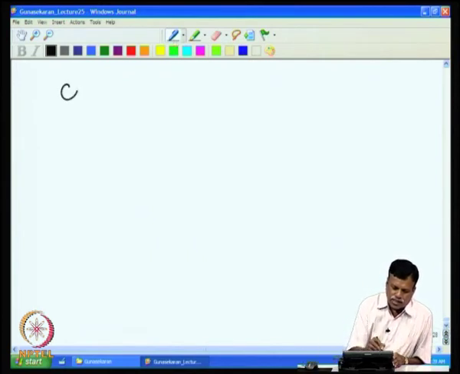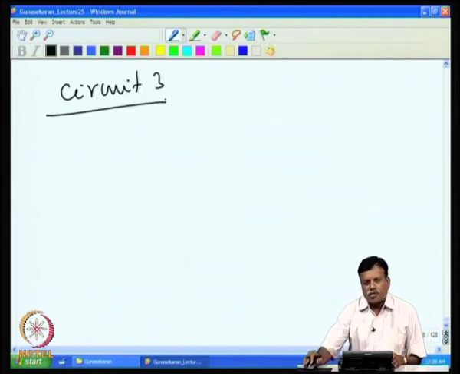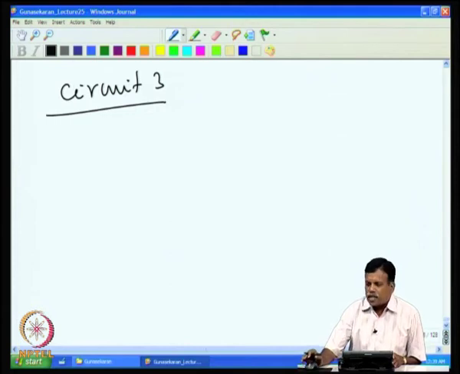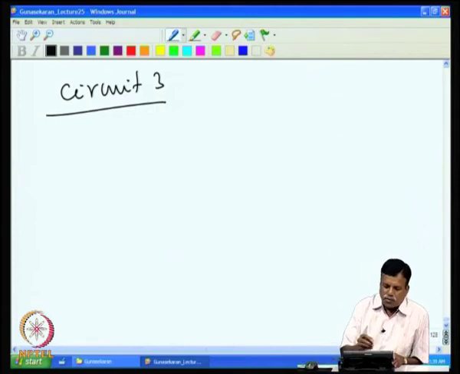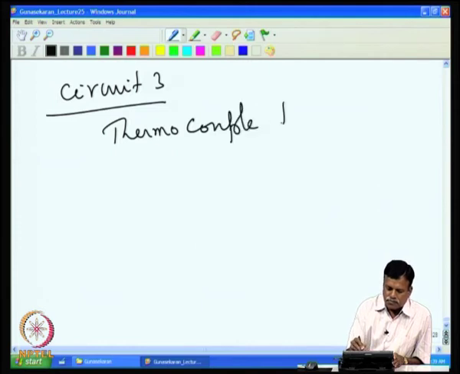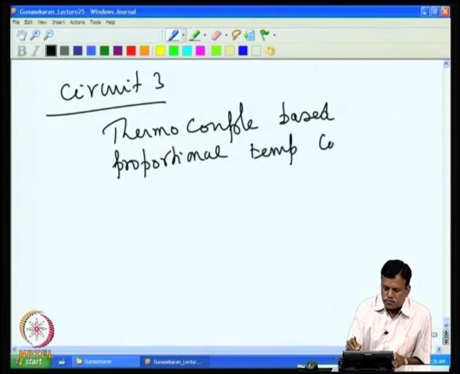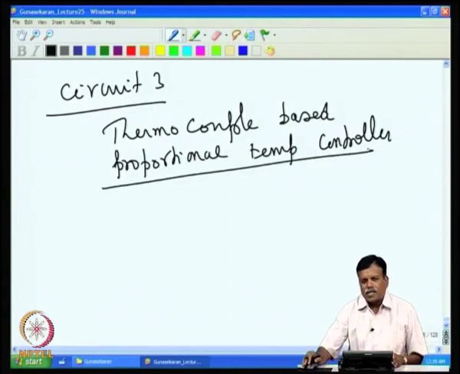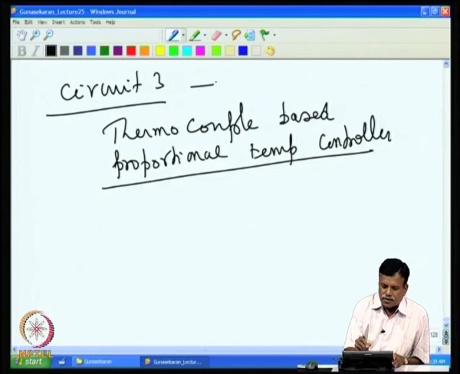In this case we take a proportional temperature controller and we use a thermocouple as the sensor. So, a thermocouple-based proportional temperature controller we take in this example. Let us calculate the drift.